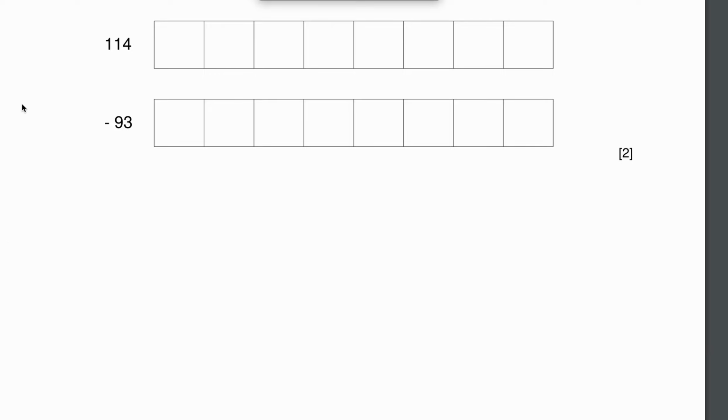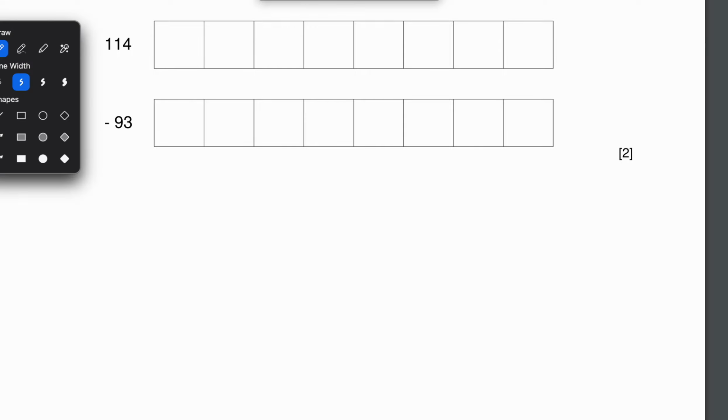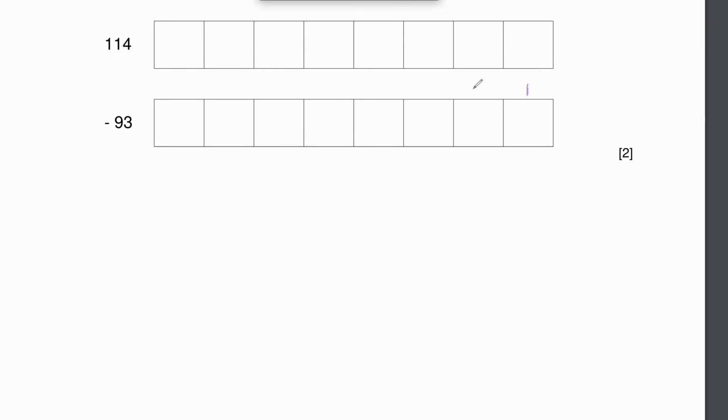Then let's clear the screen and see how we can solve negative 93. You can do the very same thing as before. You need your number line with the corresponding values: 1, 2, 4, 8, 16, 32, 64, and a negative 128. Because I'm dealing with a negative number, I definitely need a negative 128. If I add 64, I get to negative 64. I don't need this.